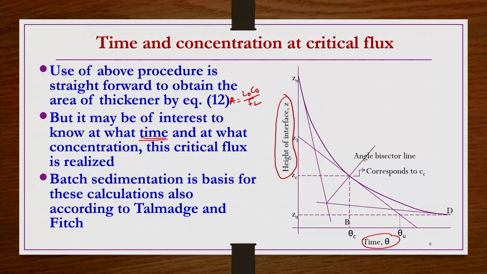So, that information, Z versus theta: that interface height we call Z, and the time of sedimentation at which we noted that interface height is theta. When you plot it, you get a curve like this.